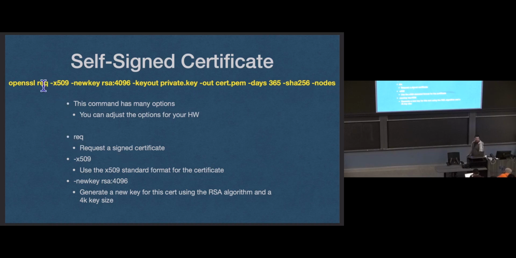Req means give me a certificate. Dash x509, so give me a certificate in the X509 format, which is the standard format for certificates on the internet. I want a new key using the RSA algorithm, and give me a 4K key size.